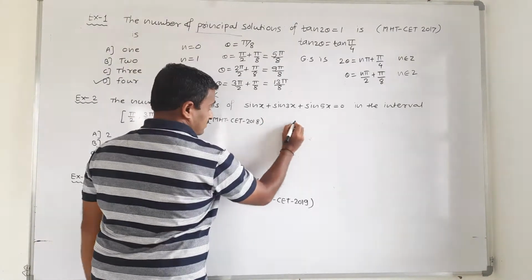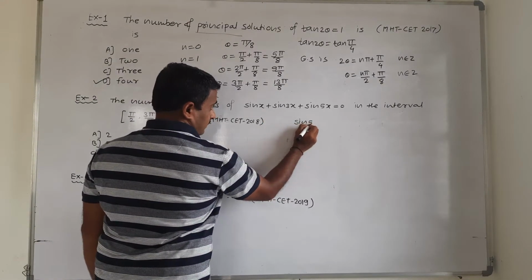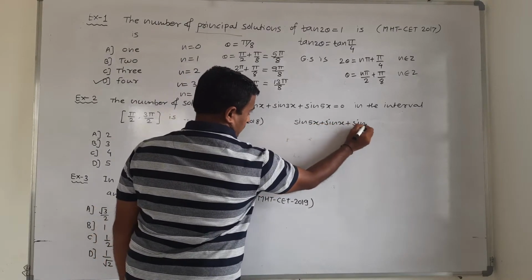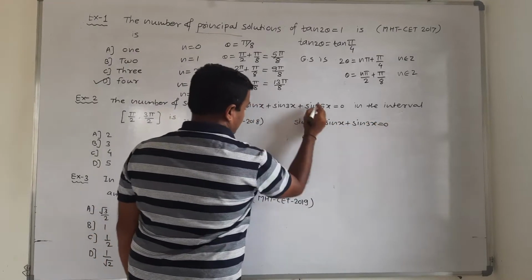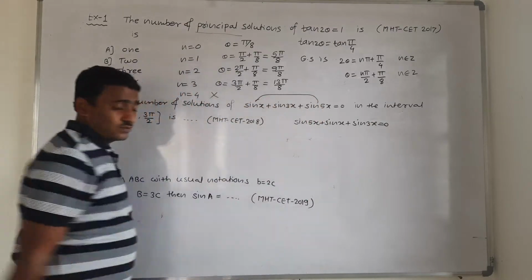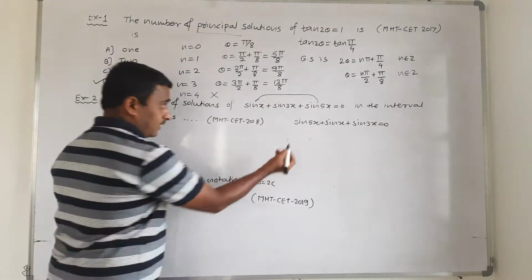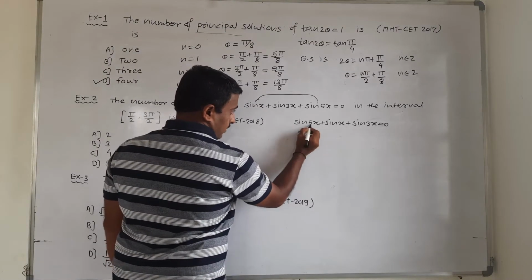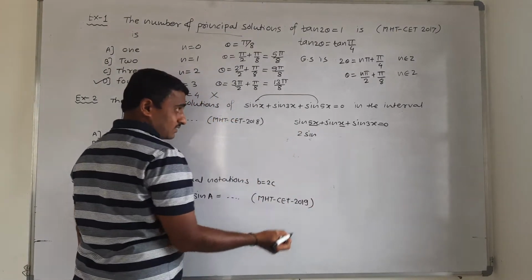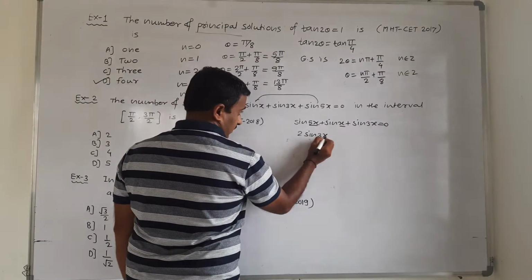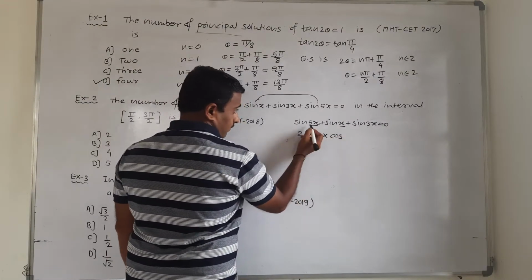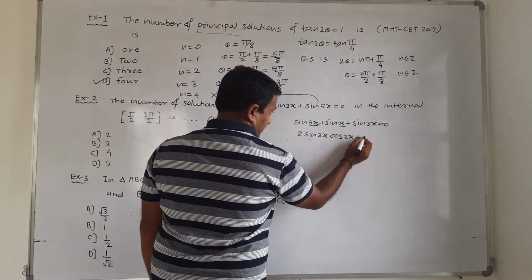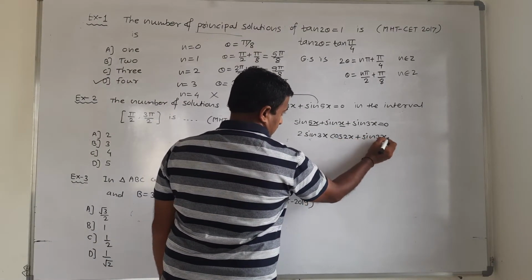Now I write sin 5x plus sin x plus sin 3x is equal to 0. First combine these two, sin 5x and sin x. That is sin C plus sin D, 2 sin (C plus D) by 2, that is 5x plus x, 6x by 2, 3x, into cos (5x minus x) upon 2, 4x upon 2, 2x, plus sin 3x is equal to 0.